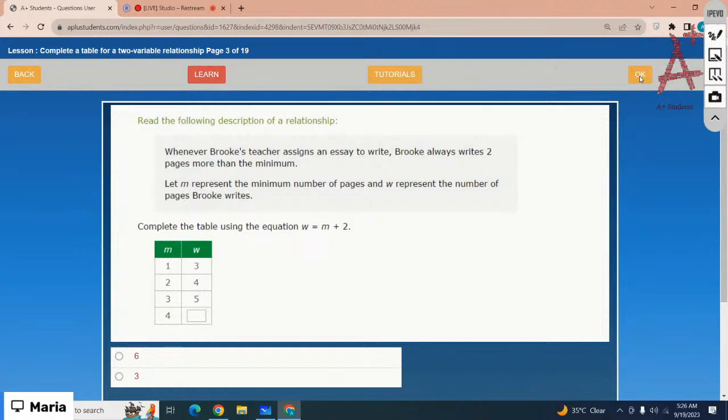You have to add 2 to the input value. Just add 2 to 4. 4 plus 2 is 6, right? That means the missing value is 6. So the correct option is 6.